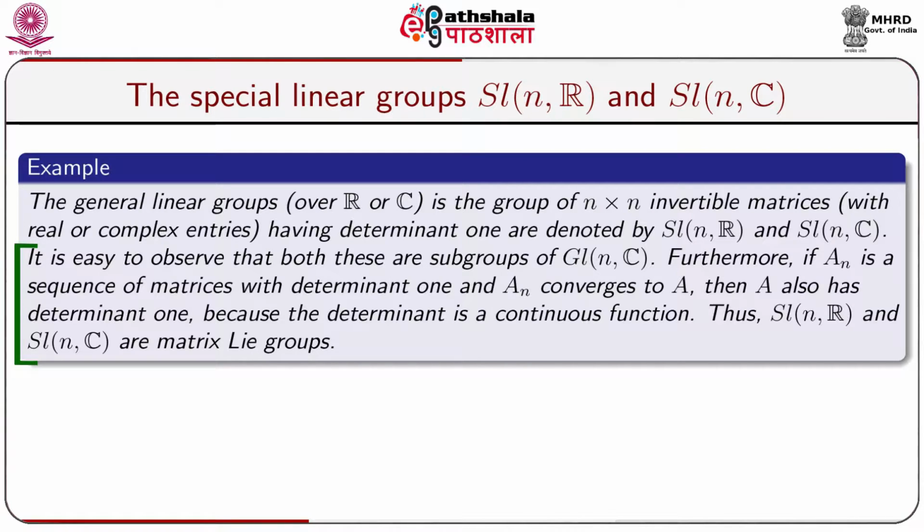These are called special linear groups. It can be proved that both SLNR and SLNC are closed in GLNC, so they are matrix Lie groups.